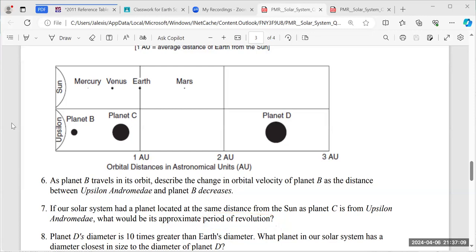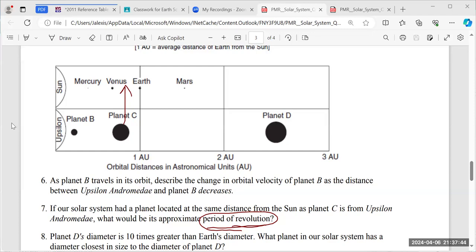Remember, the period of revolution is how long it takes for the planet to go around its star. For example, the Earth takes 365 days to orbit the sun. That is the Earth's period of revolution. So we need to know if planet C was right here, what would be its period of revolution?